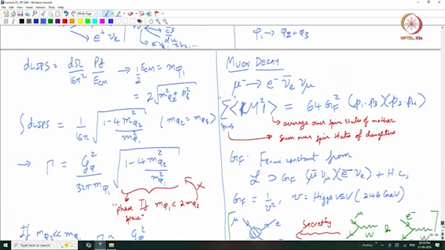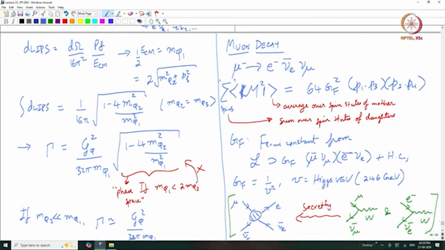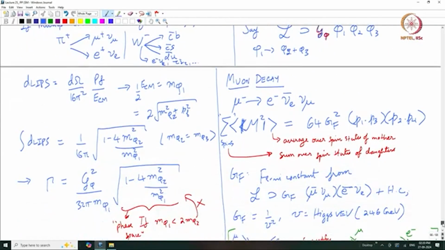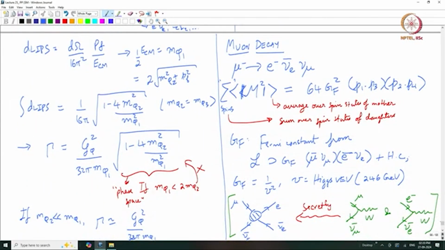And then we saw some subtleties about how to get the decay rate from Lagrangian parameters, and in particular if the coupling constant was a dimensionful quantity with positive mass dimensions, then at the end of the day you are going to get a decay rate that looks like this, right, where you have the coupling constant squared, which is always there in the amplitude squared, but to compensate for the dimensions you have the mass of the mother in the denominator over here, and you always have a term that accounts for the phase space available for the final state.